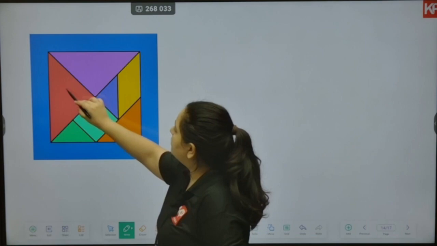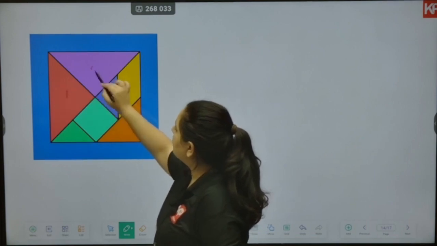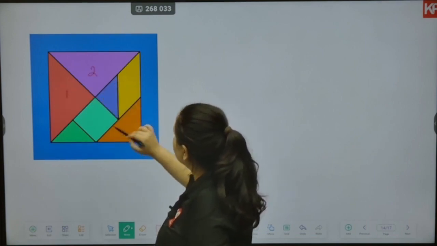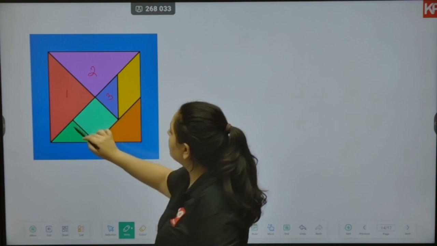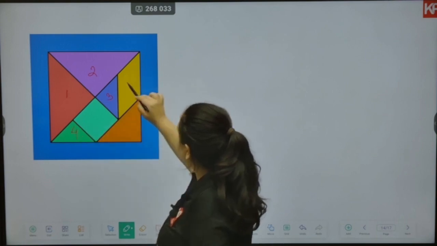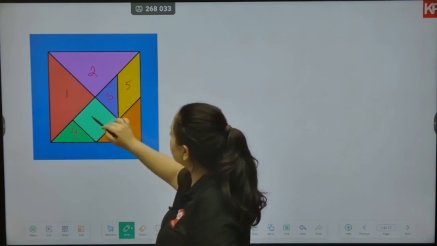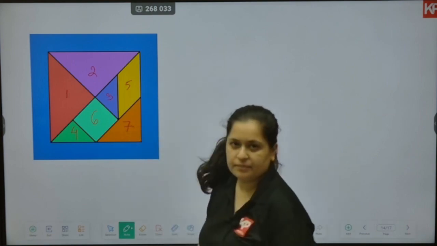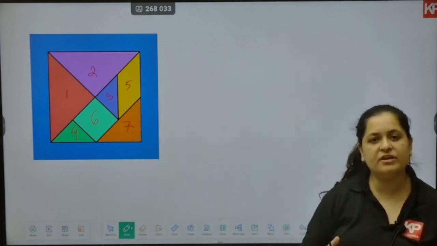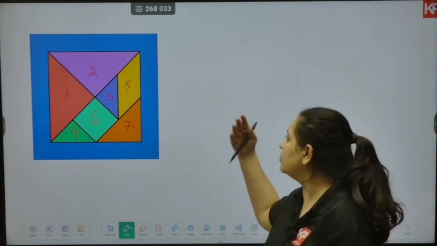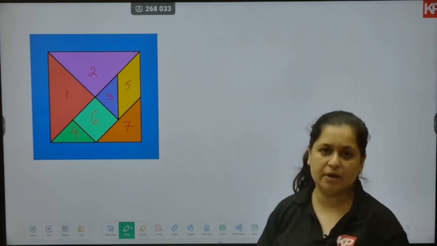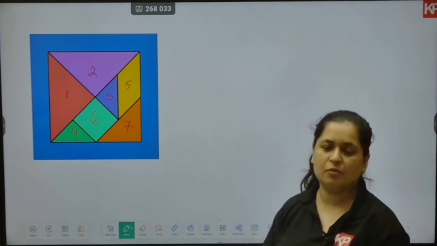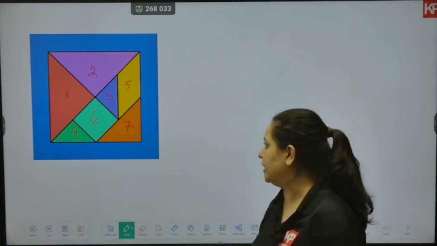You get a big triangle, another big triangle, 2 small triangles, a parallelogram, a square and a medium shaped triangle. In tangram, you'll always find the square being divided into these shapes. So you can remember it to solve the tangram questions in your exam quickly.